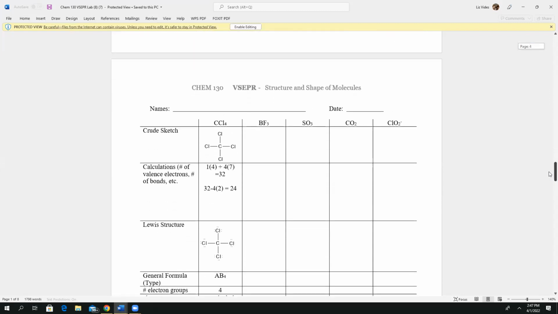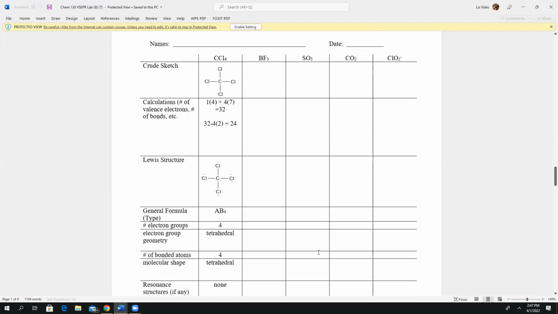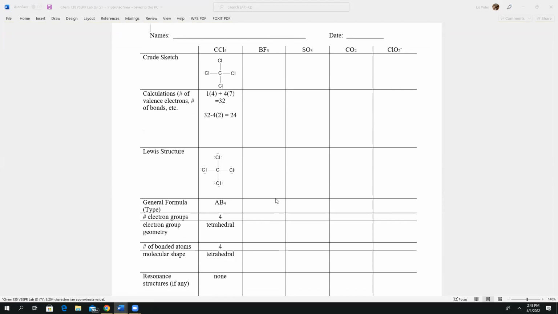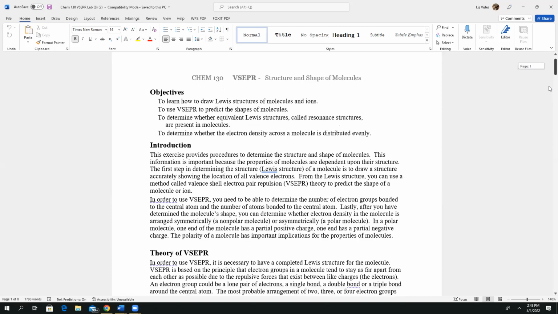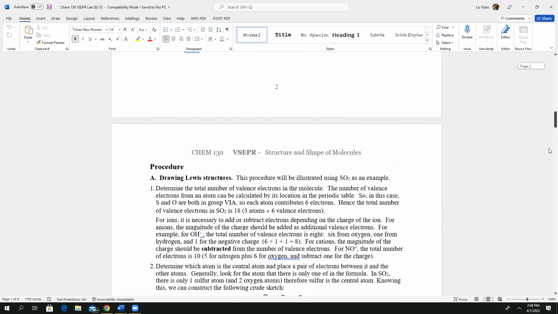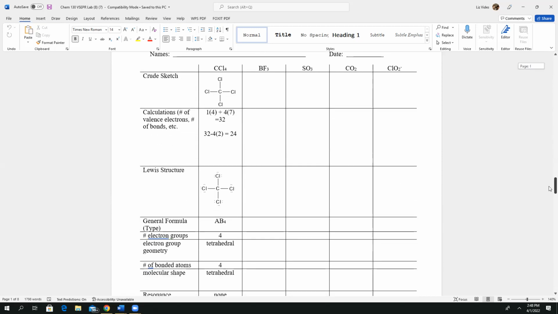So hopefully we'll remember. But the main thing to remember is what type they are, AB3. Oops, I forgot to say enable editing, which I need to, otherwise I can't type on it. All right, let's look and see here.